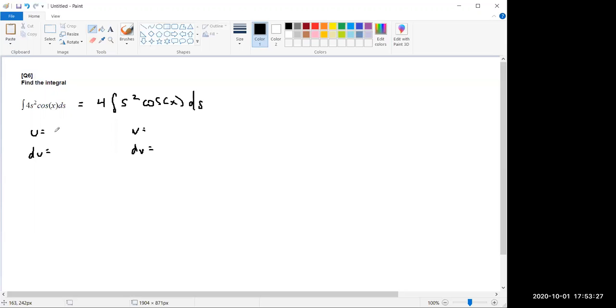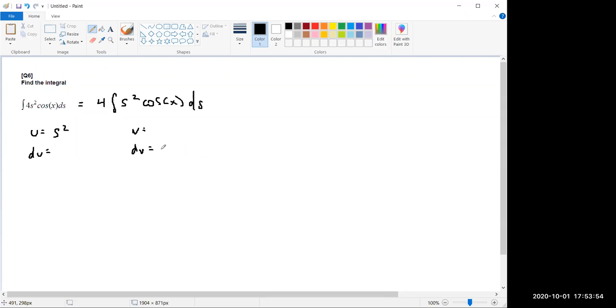Your other choice would be cosine of x, but who remembers why cosine of x shouldn't be used for u? Because we're integrating with respect to ds. You want whatever u to turn into du so that it spits out ds at the end.